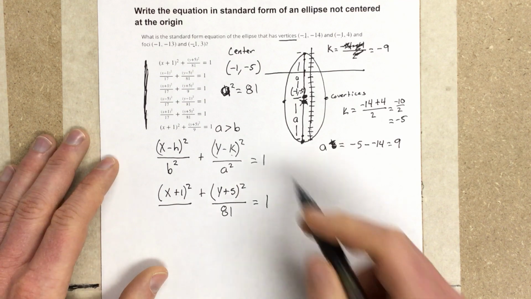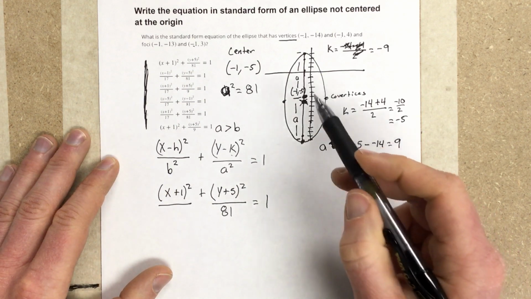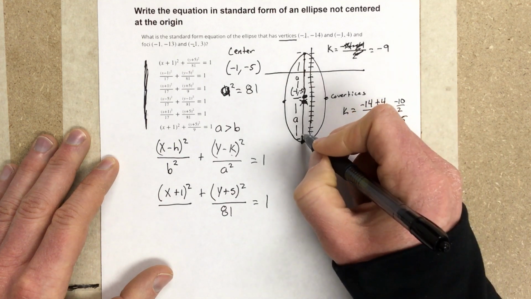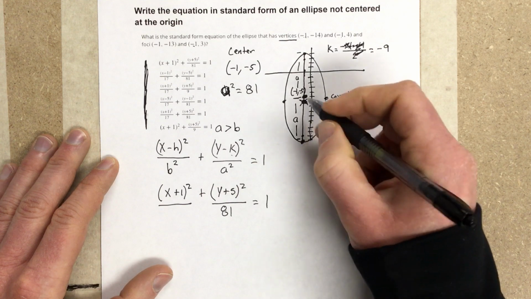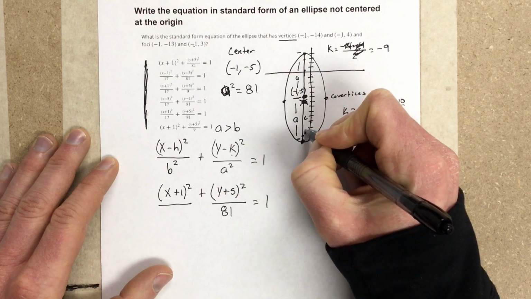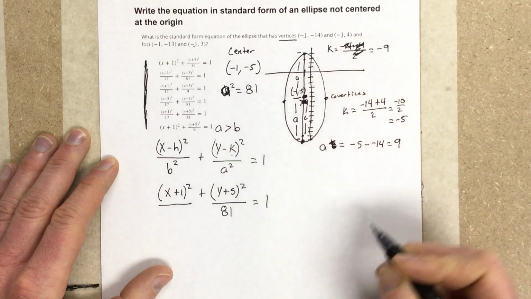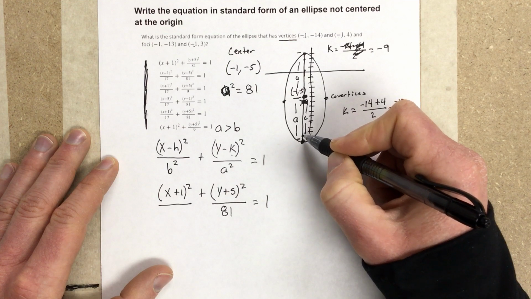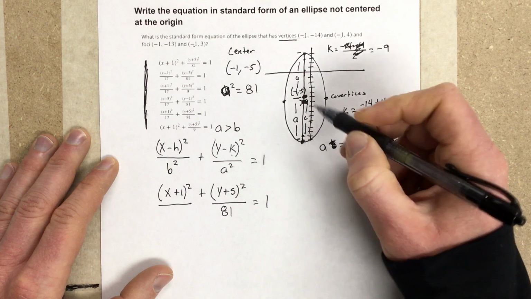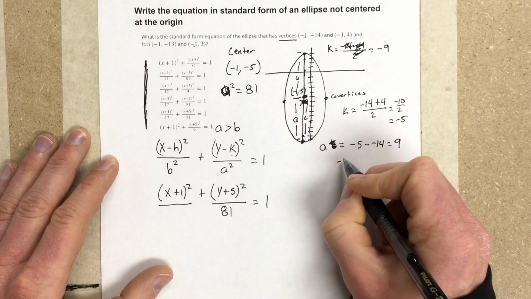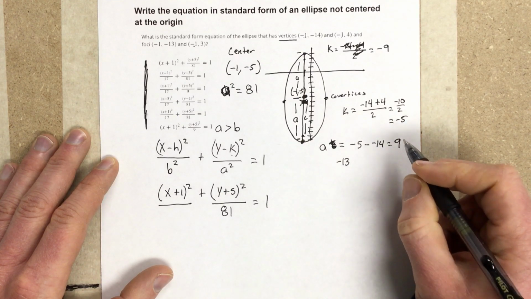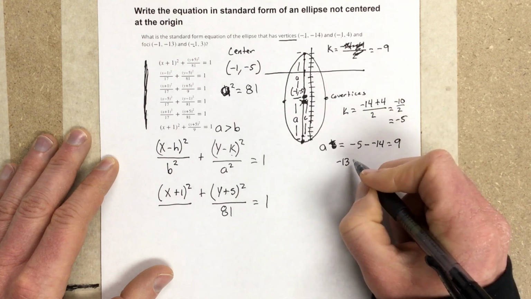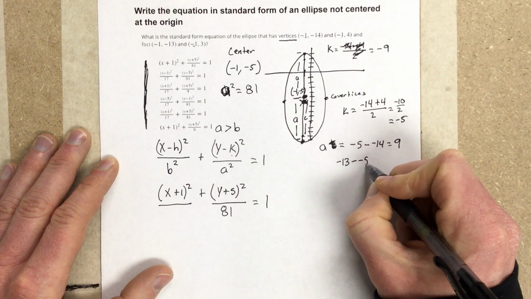To find that value, I can take a squared along with what c squared is. So I need to find c. Remember, c is the distance from the foci to the center. The y value for the focus is -13, so I'm going to subtract -13 minus -5.